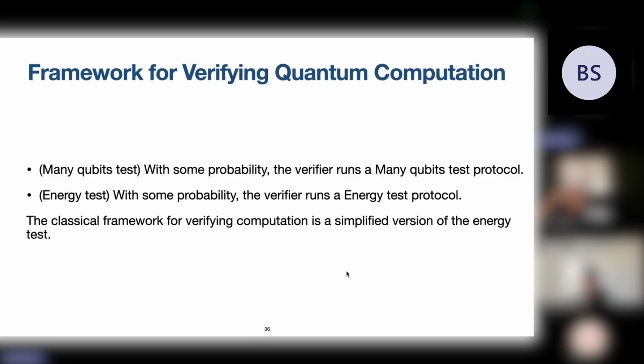Then he uses this ability to do a real measurement to measure the energy. So the classical framework that I just presented is a simplified version of the energy test. By simplified, I just mean now you only consider one basis instead of two bases.